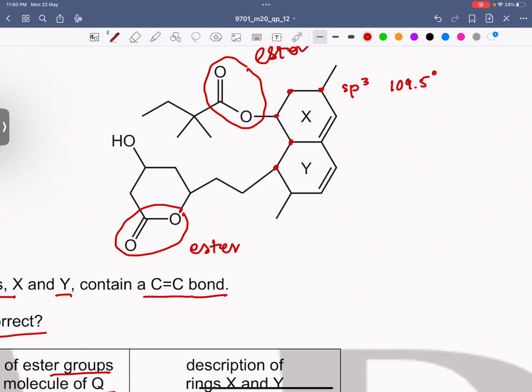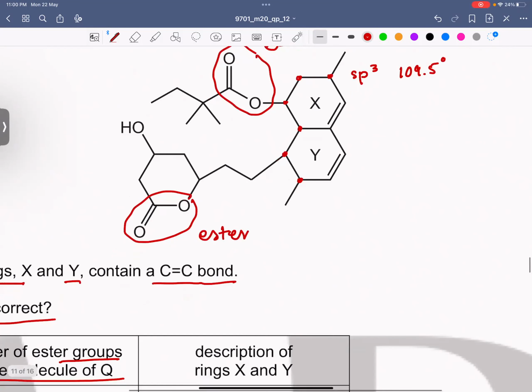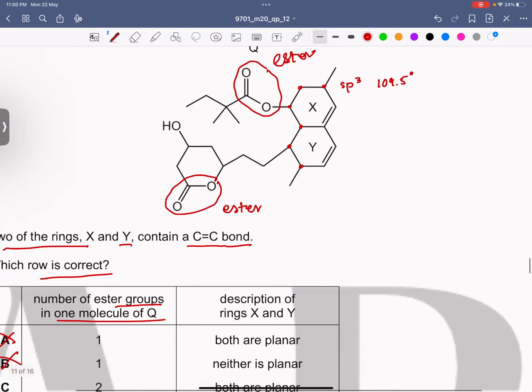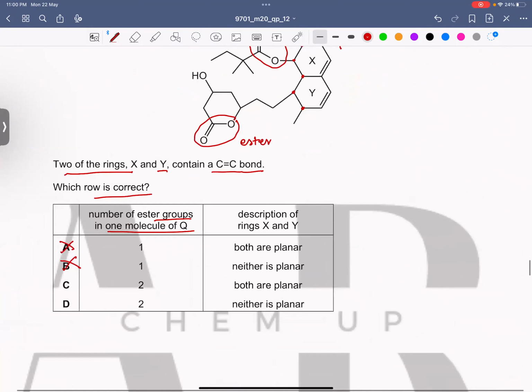In the same manner, if you look at these carbons, these carbons also have sp3 and the bond angle is 109.5 degrees. So if the bond angle is 109.5 degrees, they can't be planar. So C is wrong. These two are wrong due to this figure and this figure. So our correct answer is D. Is this clear to everyone?